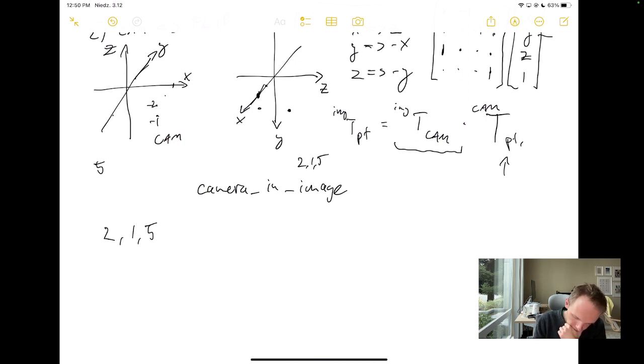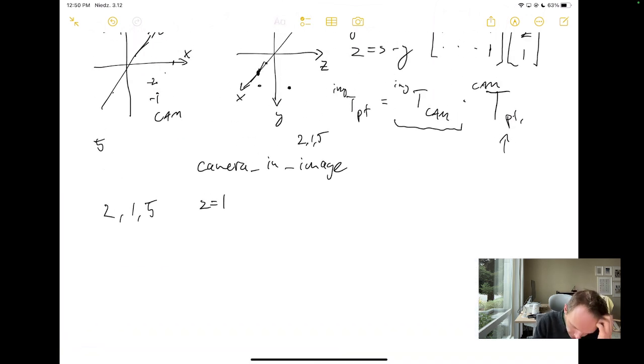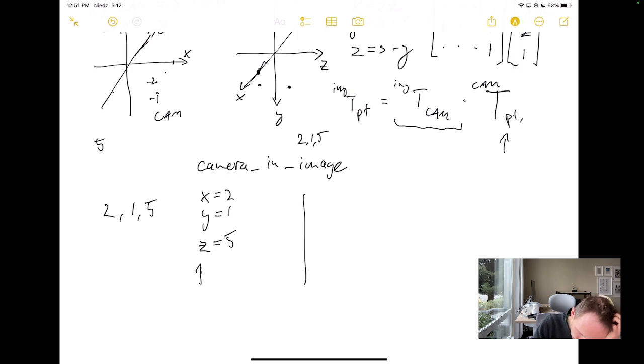we want to project this point to z equals 1. So how do we do this? Turns out we can just literally divide by the z. So if I have points x equals 2, y equals 1, and z equals 5, the coordinate frame looks something like this, right?